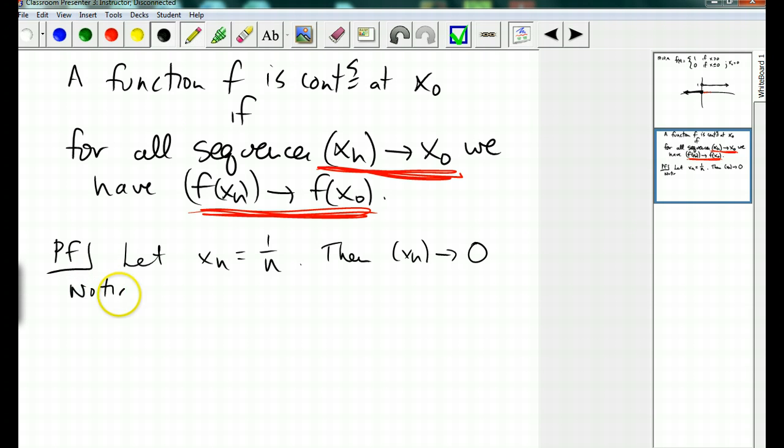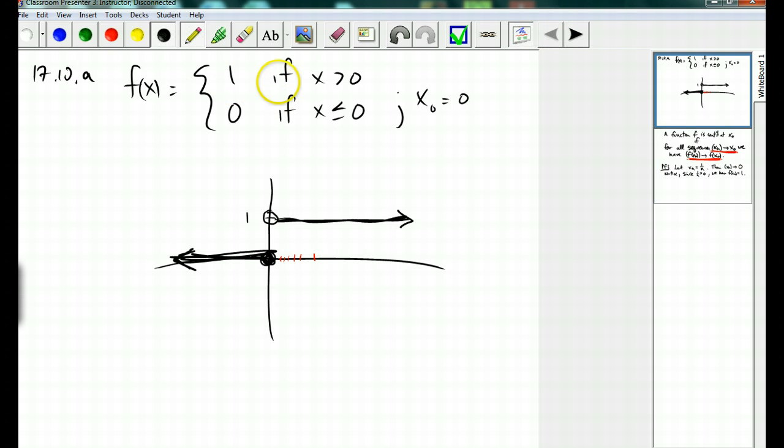Notice, since 1 over n is bigger than 0, we have f of xn is equal to 1, because in that definition of the function, every positive number gives you 1.